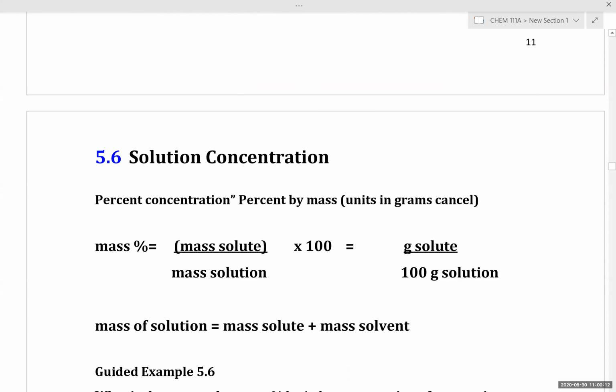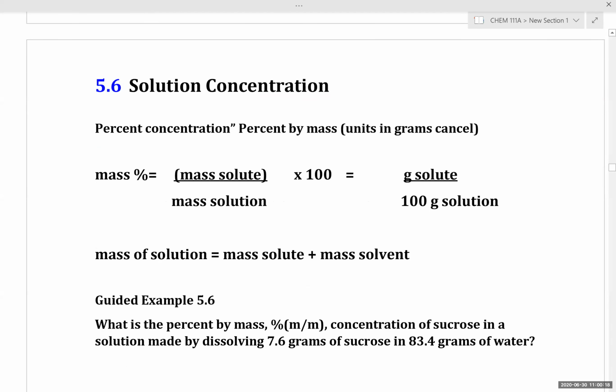And let's talk about different measures of solution concentration. So, percent concentration, one common way that percent concentration is expressed is percent by mass, where percent by mass for solutions is defined as the mass of the solute over the mass of the solution times 100%.